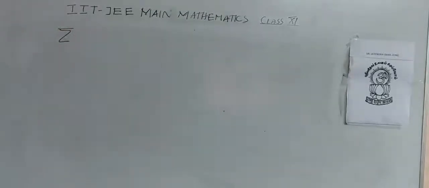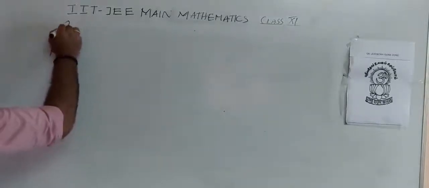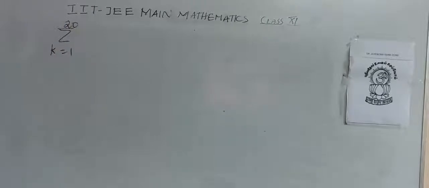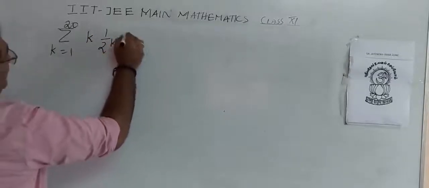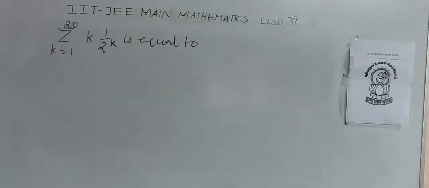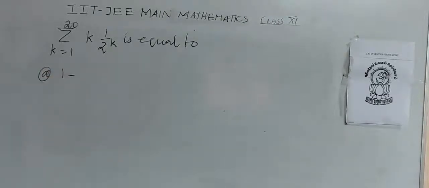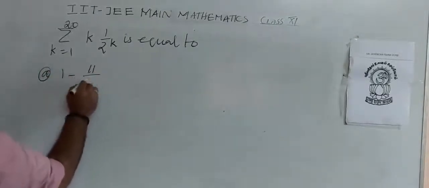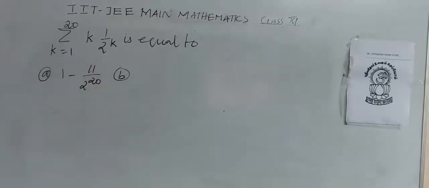Sum of k equal to 1 to 20, k into 1 by 2 power k is equal to. Option A, 1 minus 11 by 2 power 20.